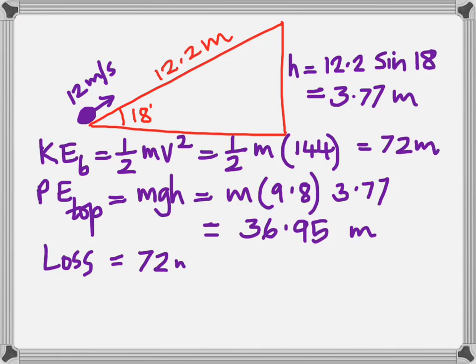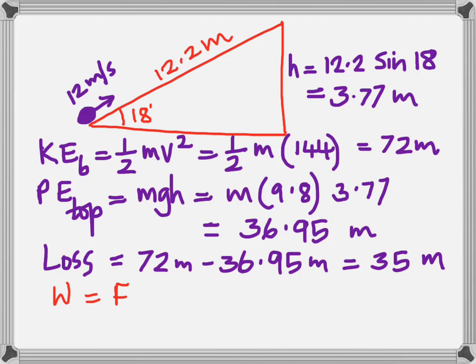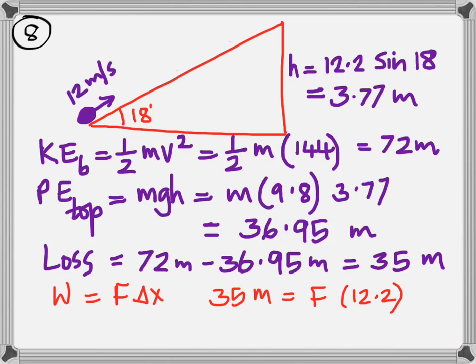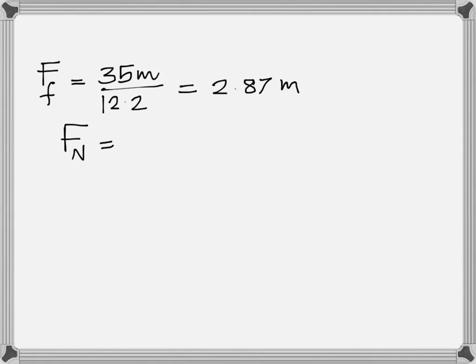And if you take the difference, you know how much work was done against friction. And then equate it to force times displacement to get the frictional force. And so it's the work divided by how much you actually moved, which was 12.2, so you get 2.87 mass.